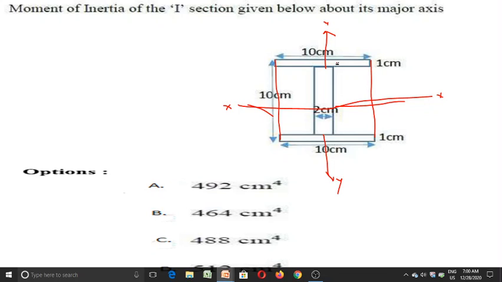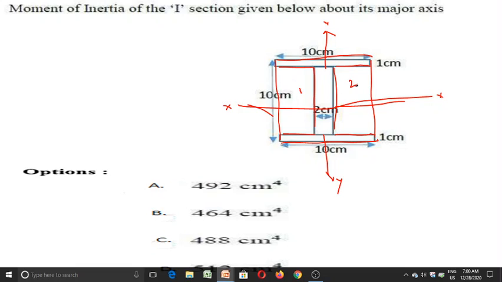In this rectangular section, we have the outer bigger rectangle, and inside we have two smaller rectangles. This is one smaller rectangle and this is the second smaller rectangle.